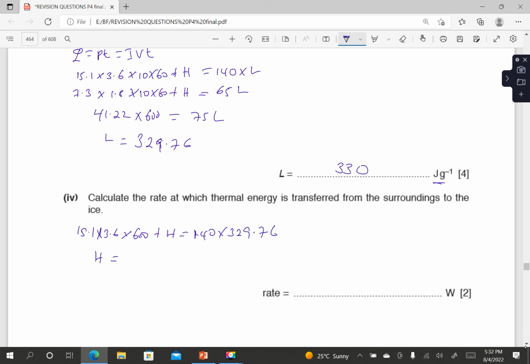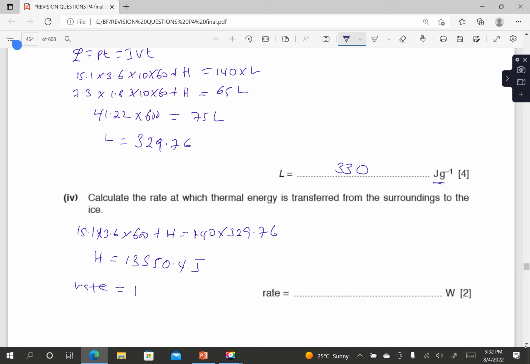So I'm finding H. This is heat absorbed from the surrounding. 140 times 329.76 minus 15.1 times 3.6 times 600. So this is giving me 13,550.4. Then the rate, this is joules.